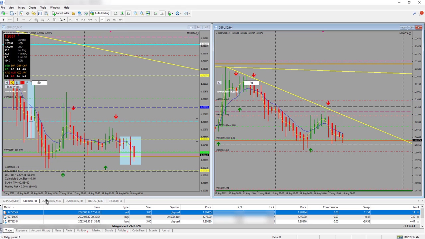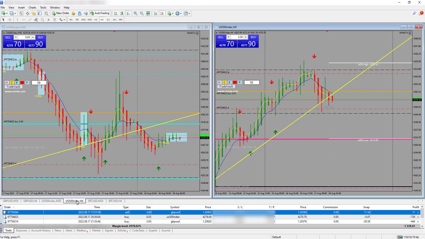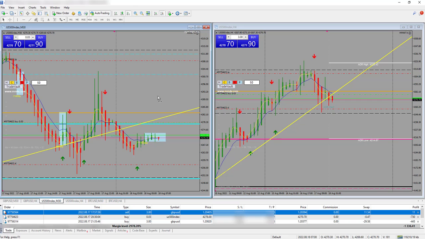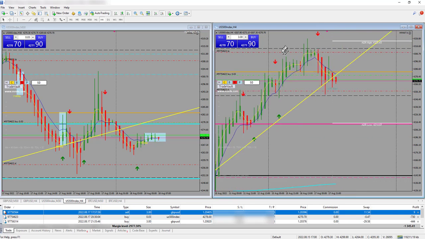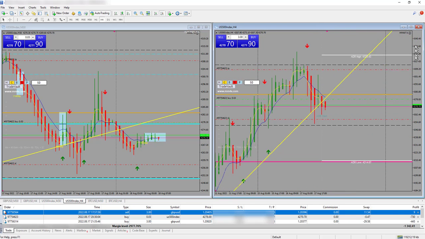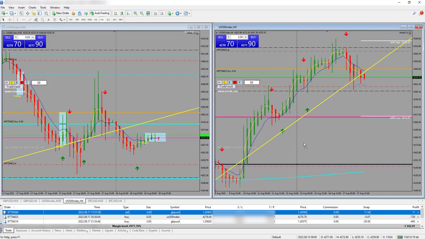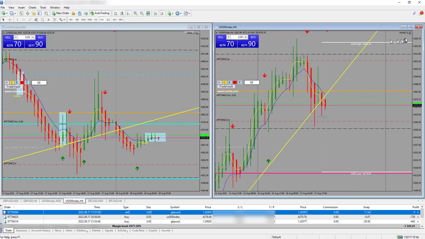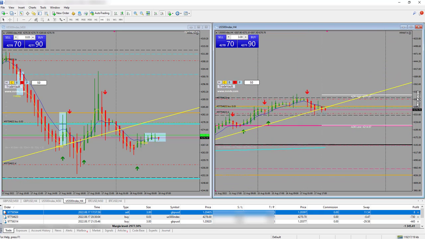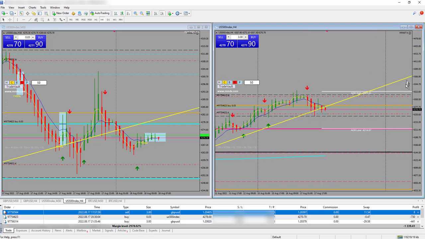Let's move along to the US 500. Okay, now this pair, as you can see, is trading in an uptrend. Looking at the bigger time frame, the 4-hour, this pair has been trading in a bullish momentum for this week. So we have the super high of this week right here.